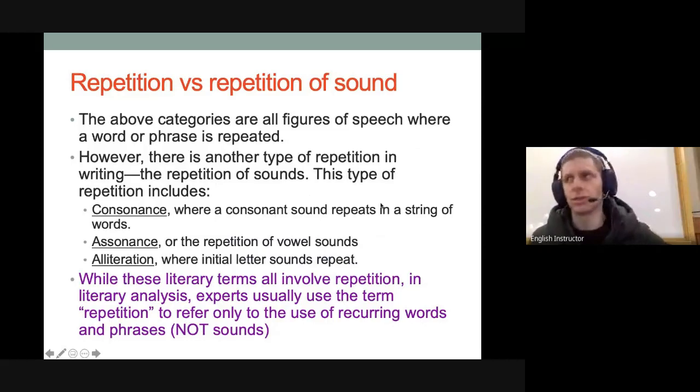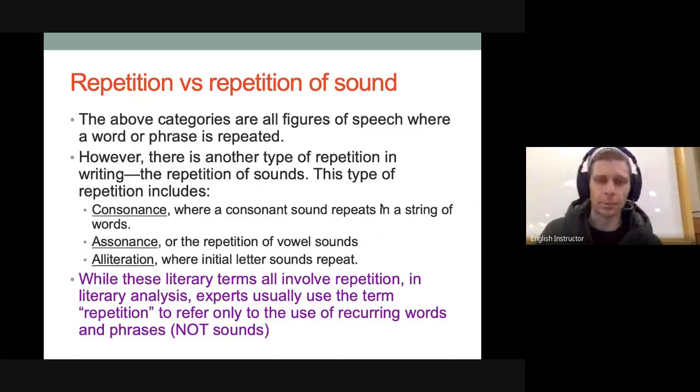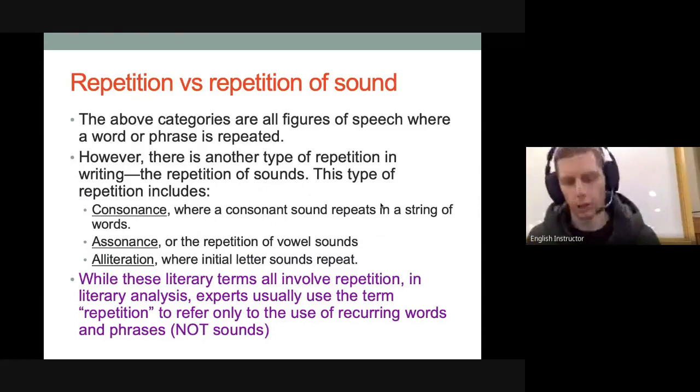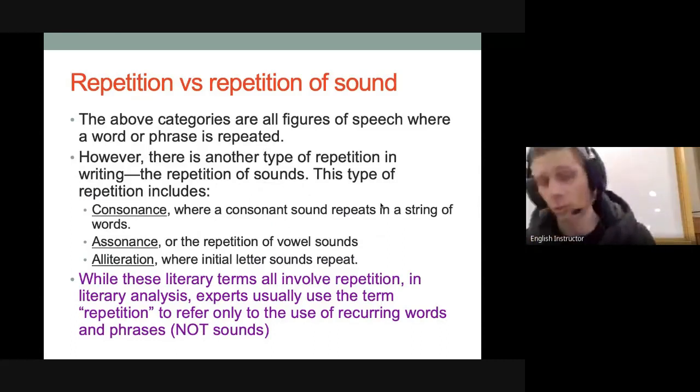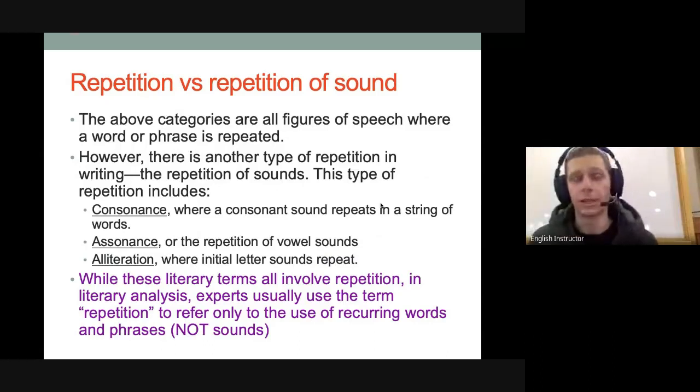So if, for instance, you read a poem where all of the words start with the letter C or the sound of a C, that's not quite the repetition we're talking about. We're talking about actually repeating words or a phrase over again several times to make a point. So we're not talking about just the sounds.